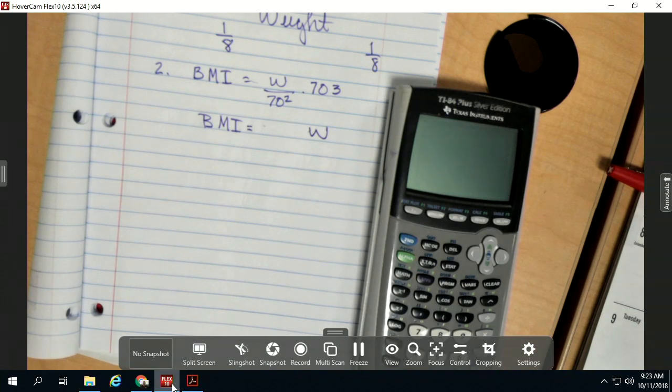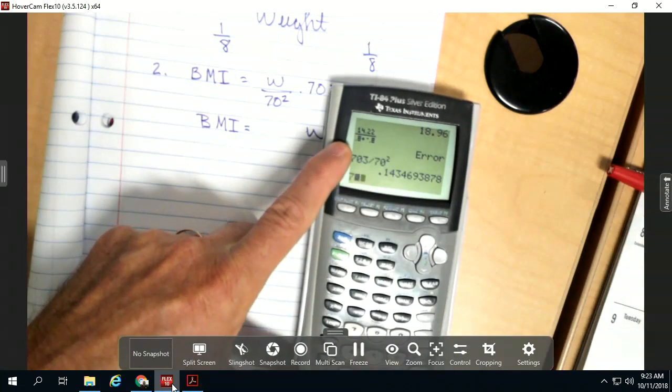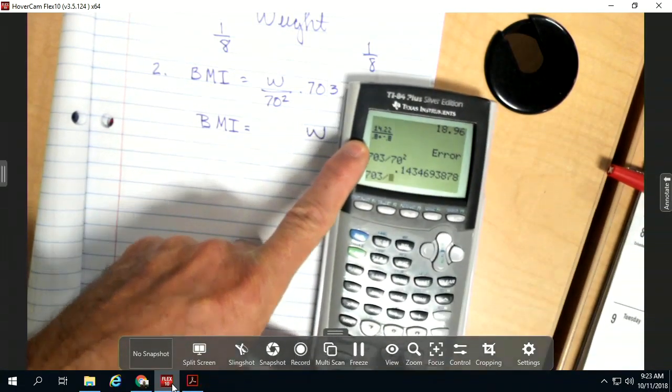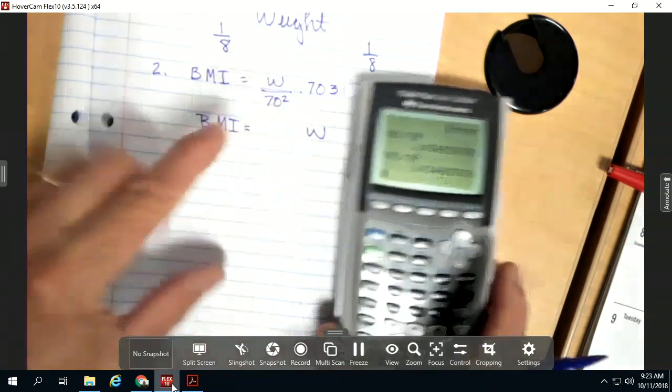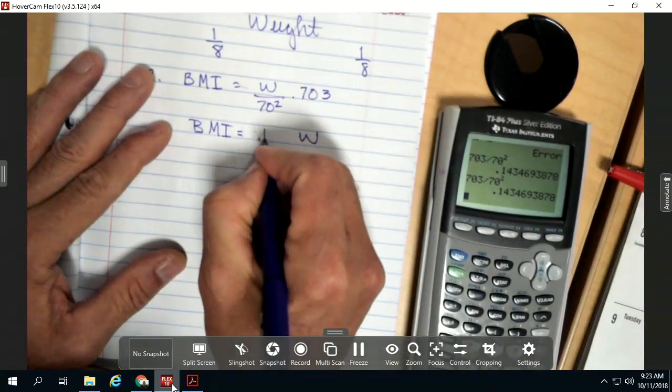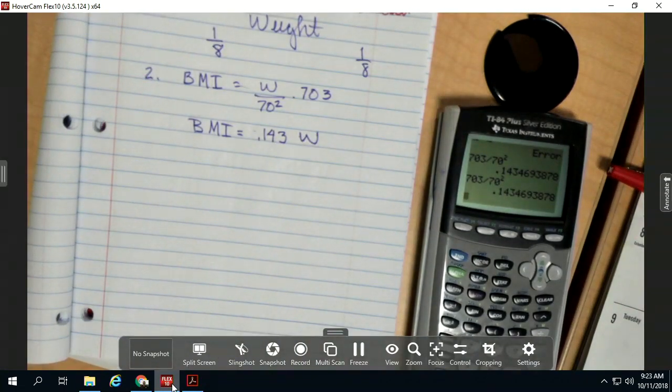So how would we get that formula? Well, on our calculator, if we take 703 divided by 70 squared, we would have 0.143 times weight. Which is a very easy calculation, right?